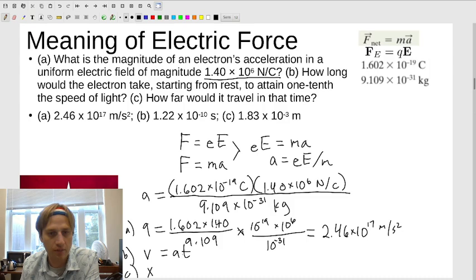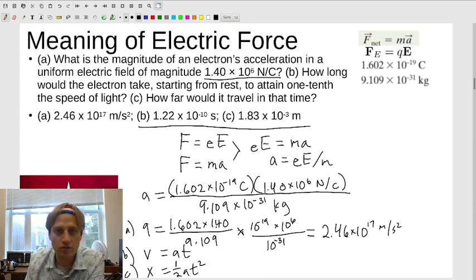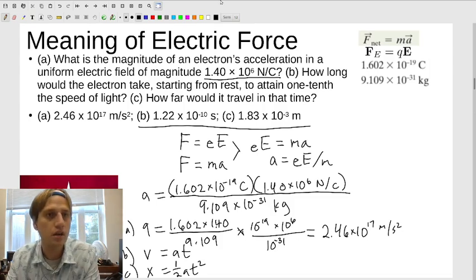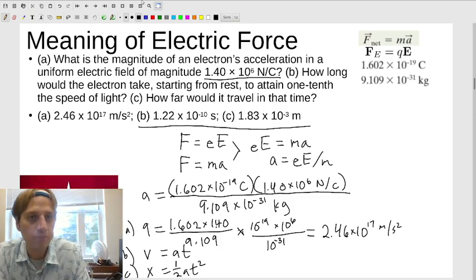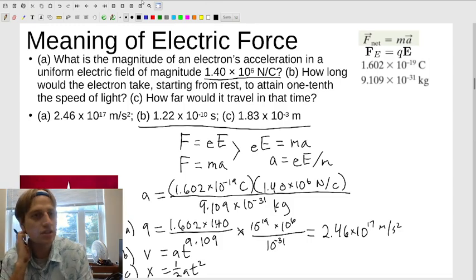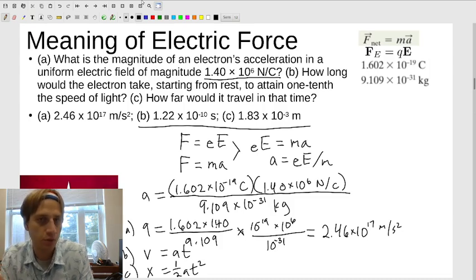You could use the time that you find there and go 1/2 a t squared. The initial velocity would be 0, and the initial position would be 0, and that could give you your answer. If you're curious on those, you can stick in numbers. But my main point for this example is just to say, if you want to know that an object has a force on it, you can say so if it has an acceleration.